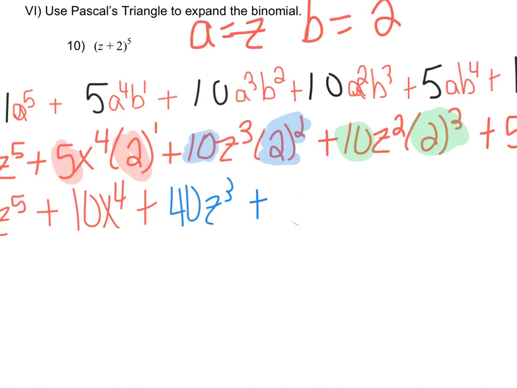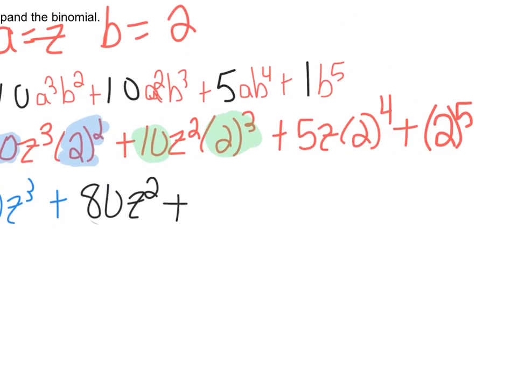80 z squared, plus 2 to the fourth is 16. 16 times 5 is 80 z, plus 2 to the fifth, which is 32.